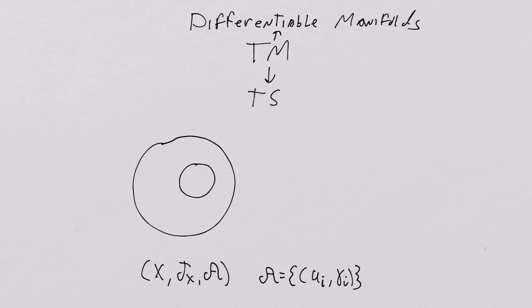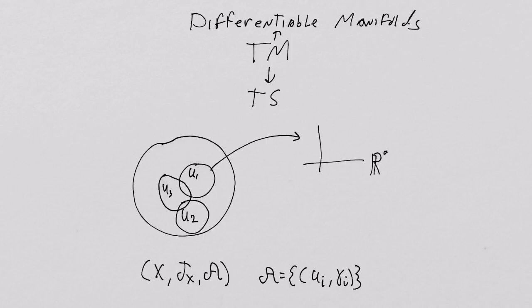The chart region would be something like U1 and perhaps U2, and then perhaps U3, and the gammas are these homeomorphic maps that take us to Euclidean space, RD.